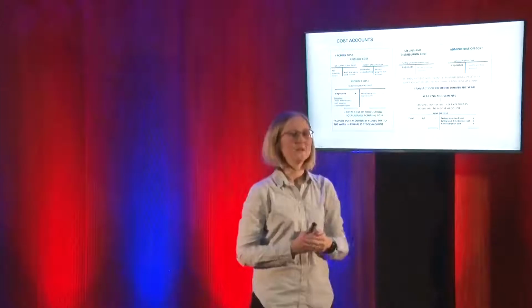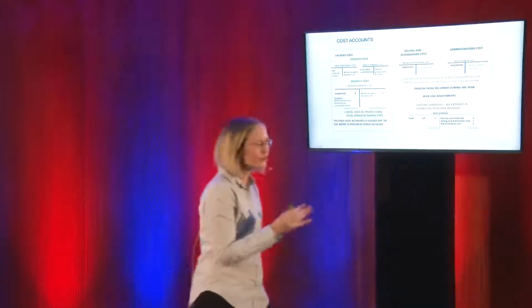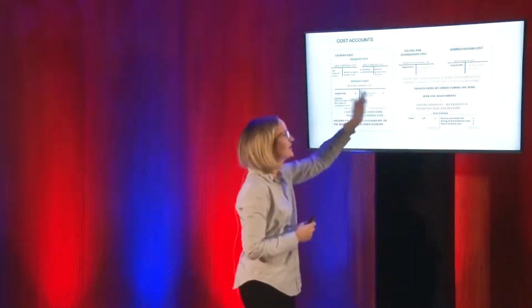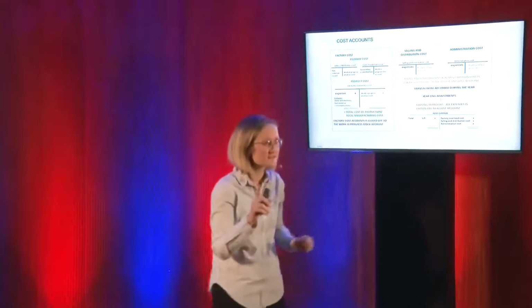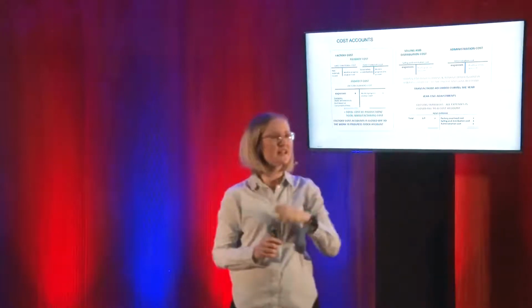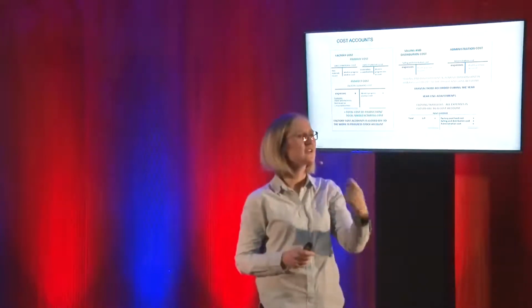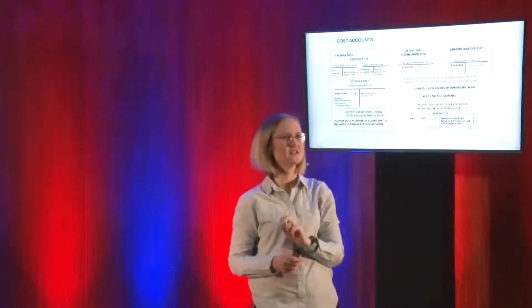So if I say to you, the business bought a new equipment, that is an asset. We are not going to sort that into a different cost account. But the depreciation that we calculate on that equipment, that is an expense.